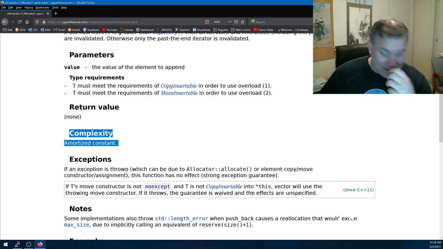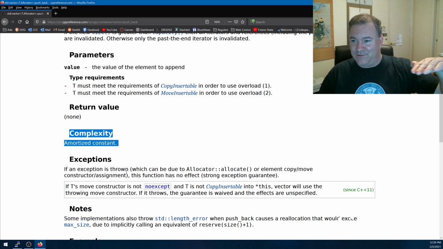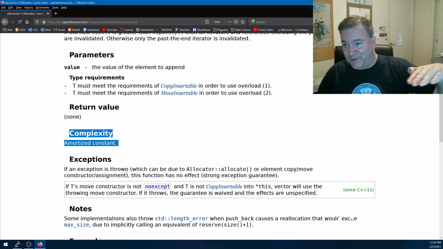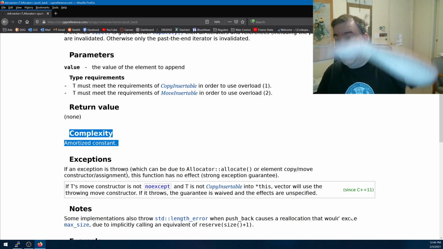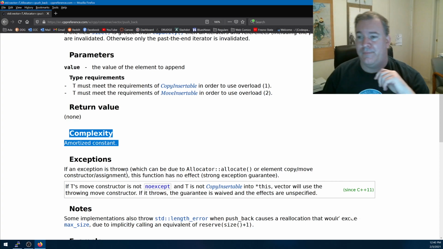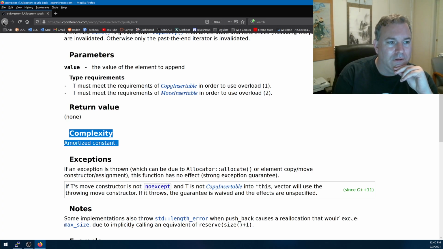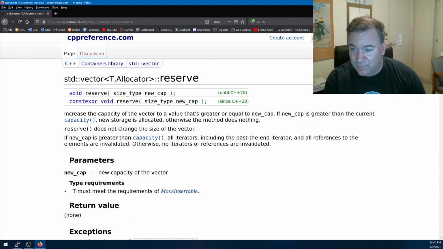As the array doubles in size and doubles in size again, the number of times you have to reallocate becomes less and less, but the cost grows more and more. So if you plot the running time of pushback as you're inserting elements, it'll be constant, and then it'll spike. Then it'll be constant, and then the spike will be even bigger. There's a function in the standard library called reserve, which tells C++, hey, I'm planning on storing about 1 million elements in here.